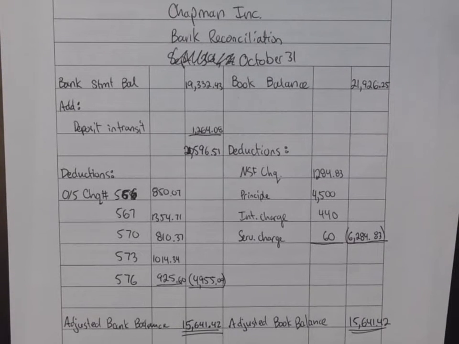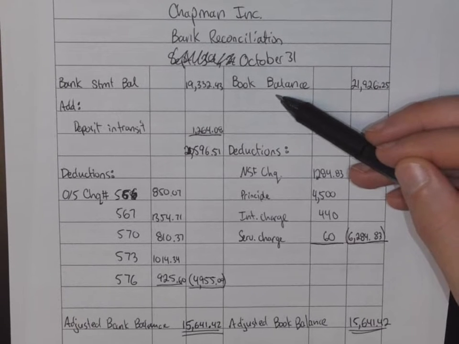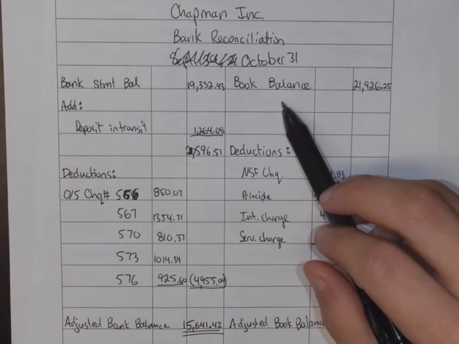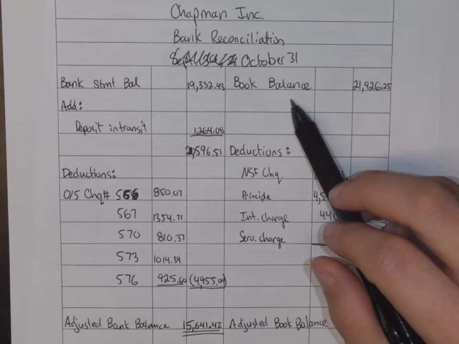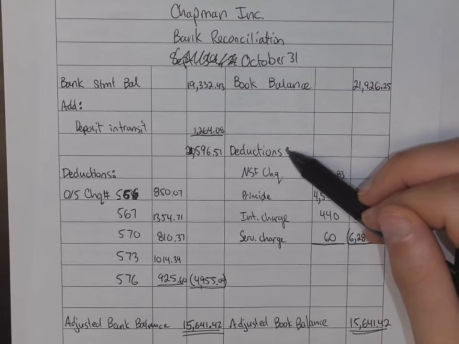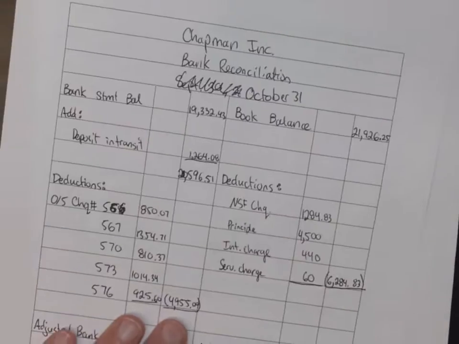Now, again, a tip I told you 2 weeks ago, any additions, what are you always gonna debit? Any additions? Cash. Any deductions, you always credit cash. So you can go through if you want.